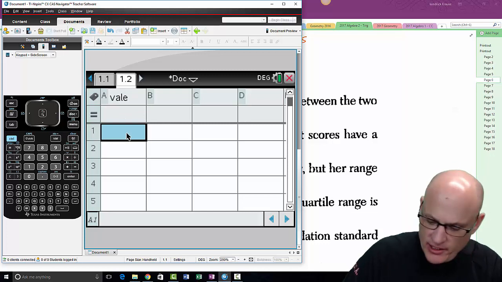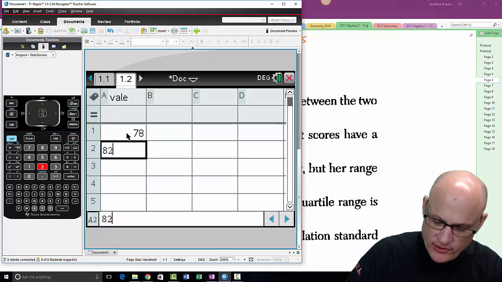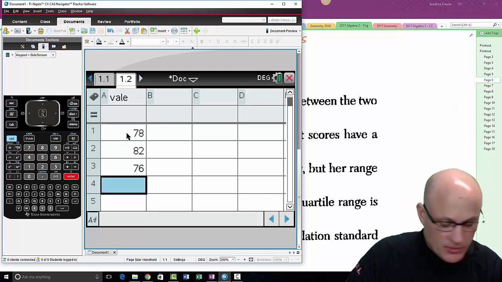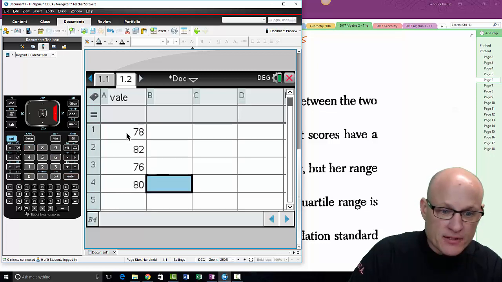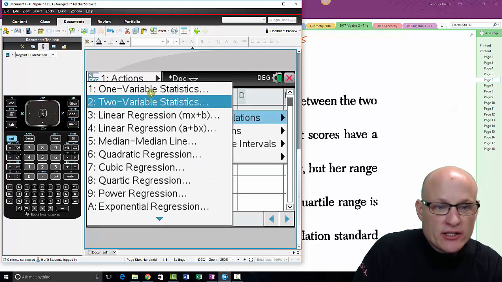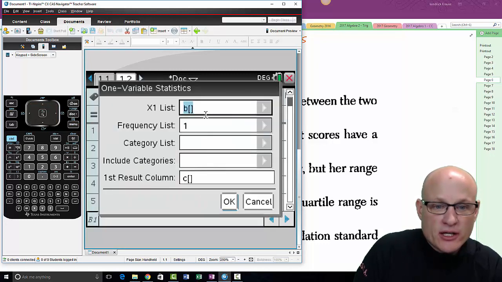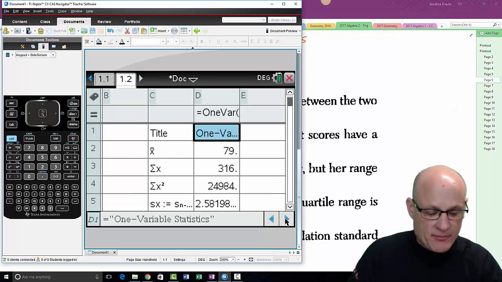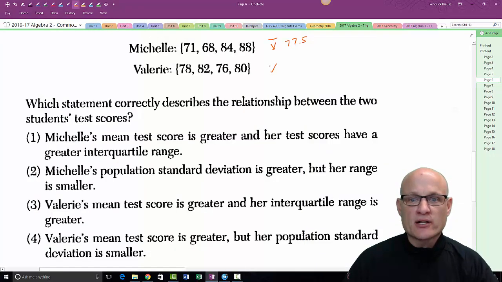All right, 78, 82, 78, 82, 76, 80. I probably could have done this one by hand. Menu, statistics, stat calculations, one variable statistics. We're going to use Valet this time. And she's got a mean of 79, so X bar of 79.